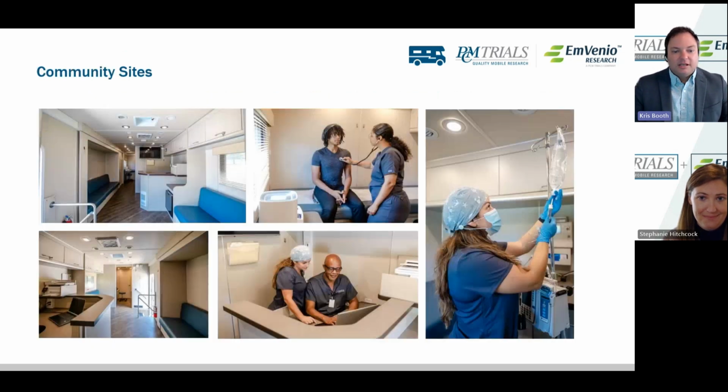Inside of all of these can then run exactly like a regular research site. So there are two exam rooms, one in the front, one in the back. There is a fully operational restroom facility on board. There is, as I mentioned, a CLIA certified lab with -80, -20, and ambient temperatures, centrifuges, FibroScans, spirometry, anything that's necessary for a clinical research site that you would normally see in a hospital.